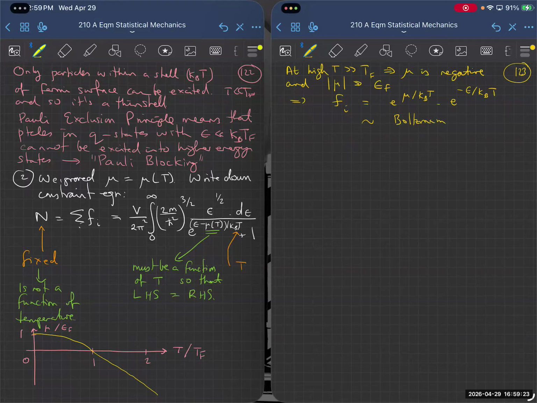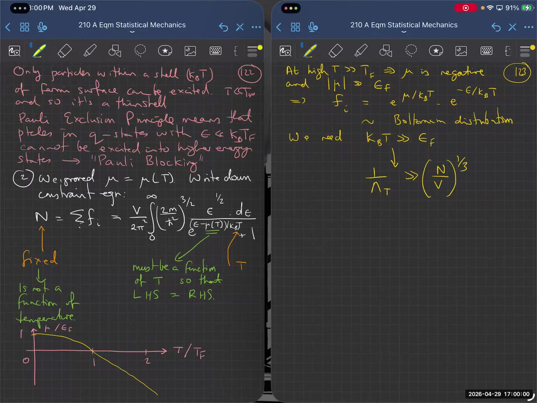But remember, the Boltzmann distribution is for the many-body quantum state, and this here is just the single particle quantum state. For this to apply, we need that kBT is much, much larger than epsilon_F. If you look at what this condition implies, it means that the thermal de Broglie wavelength is much greater than (N/V)^(1/3).